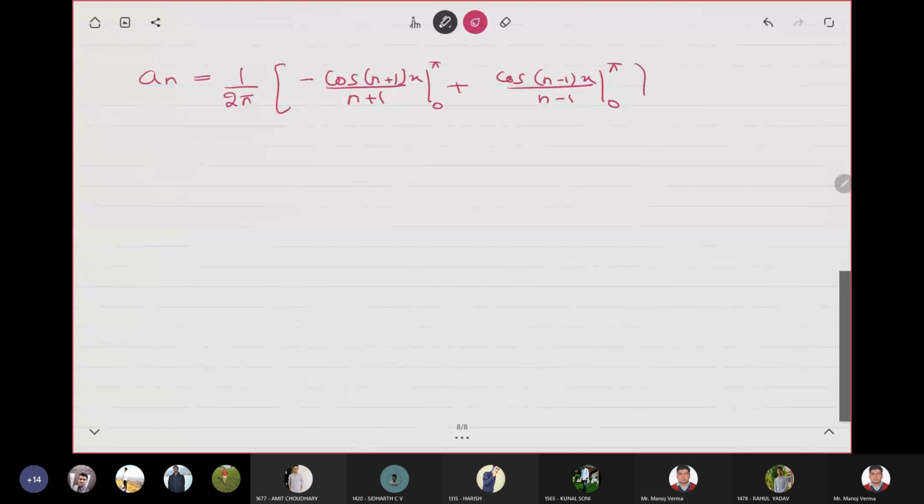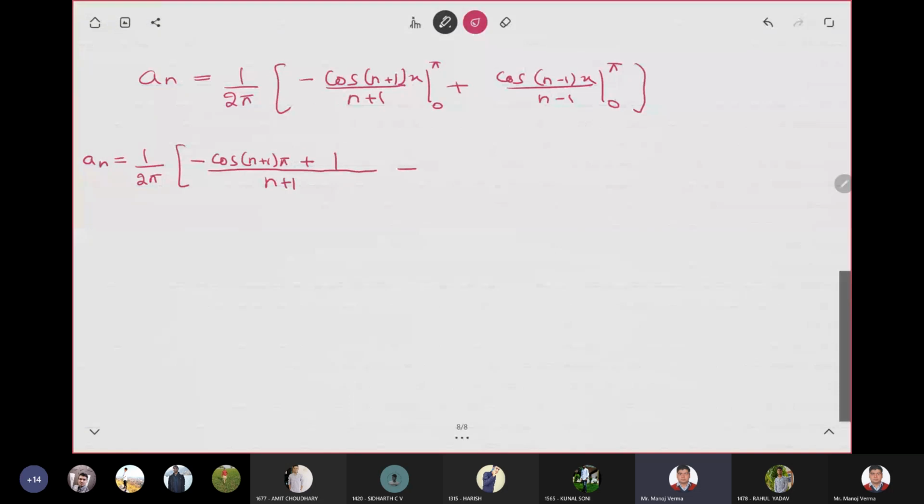Okay, so if I insert the limit, upper limit and lower limit in this expression, a n is 1 over 2 pi, it will become minus cos (n plus 1) pi upon n plus 1, and it will be plus cos 0, right? It will be plus cos 0 if I am right. That will be plus 1.